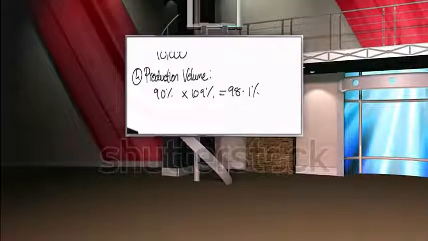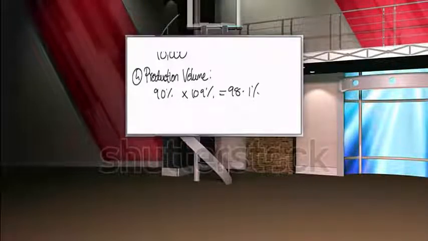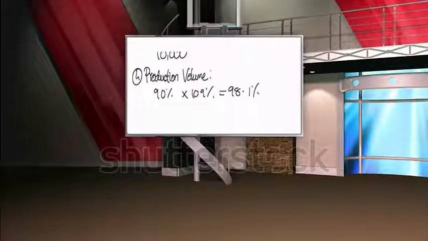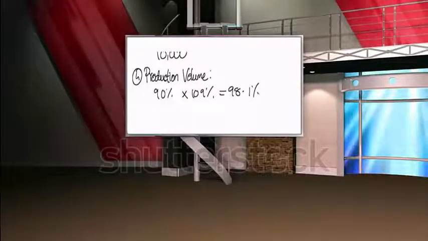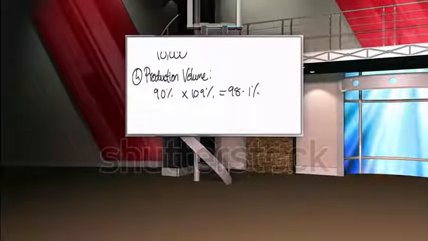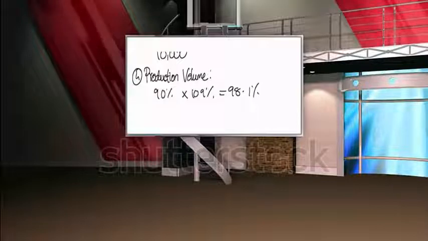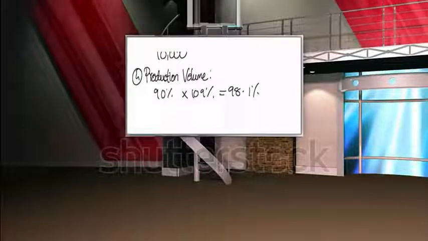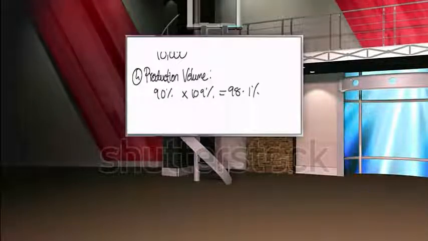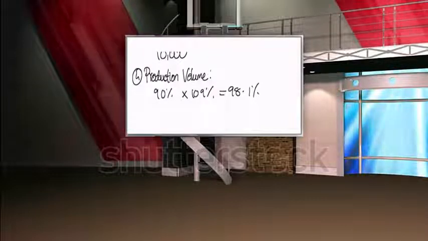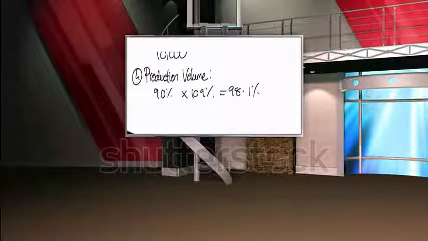Remember, our production volume ratio looks at, did we produce more or less units than planned? And again, we want this ratio to be greater than 100%. As this company has a production volume ratio of 98%, it means we have produced less units than we planned throughout the course of the year.